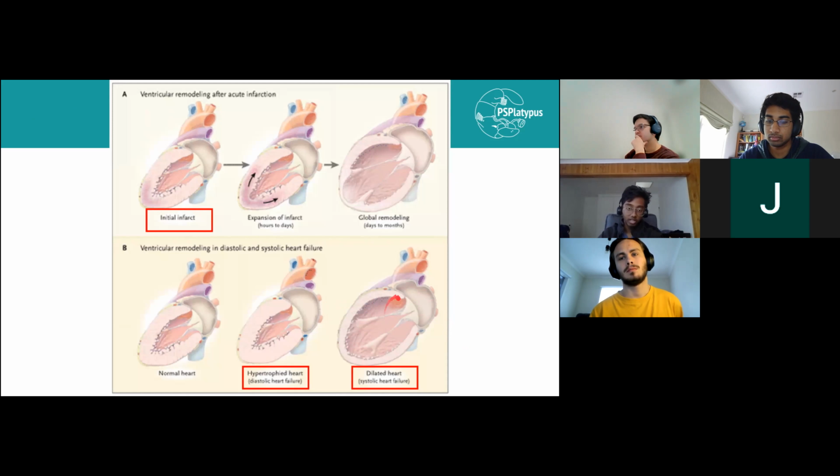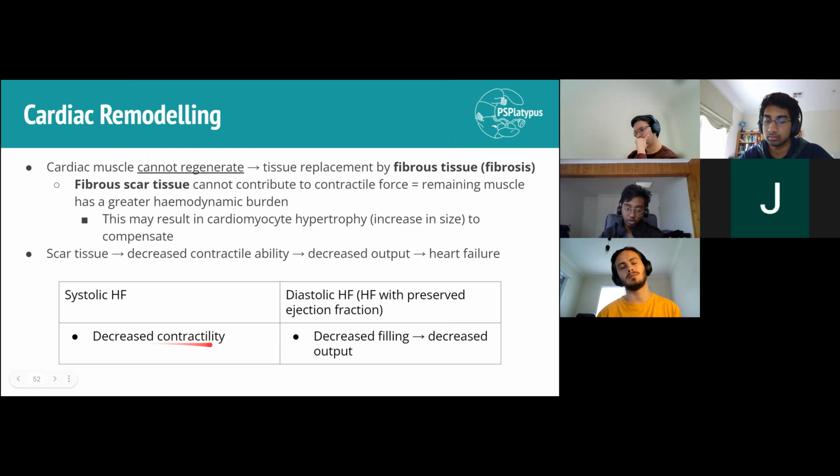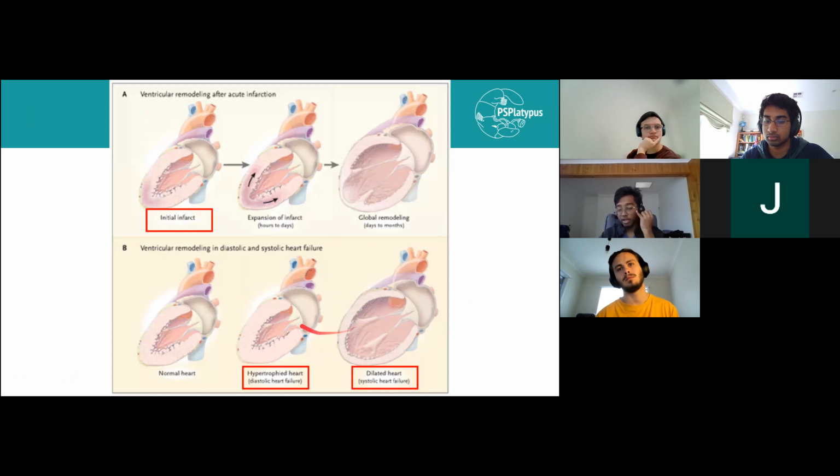The second one, which is a dilated heart, is due to probably damage to the heart muscle walls, that leads to eventually the heart being unable to pump blood properly, which means decreased contractility, decreased output, and heart failure. So these are two types of heart failure, which have different ways in which they occur and how they appear visually.